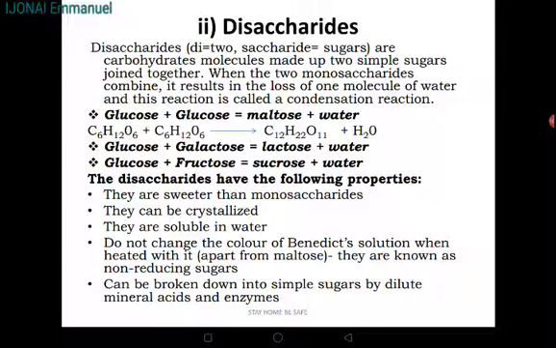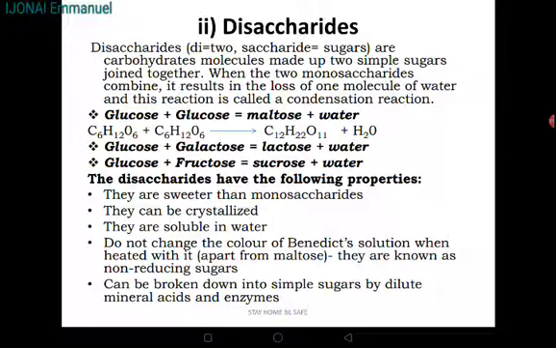So for example, we have a glucose molecule, which is a monosaccharide, plus another glucose molecule to form maltose and water. So that one is a condensation reaction. So we can see three examples there. Also, glucose combines with galactose.